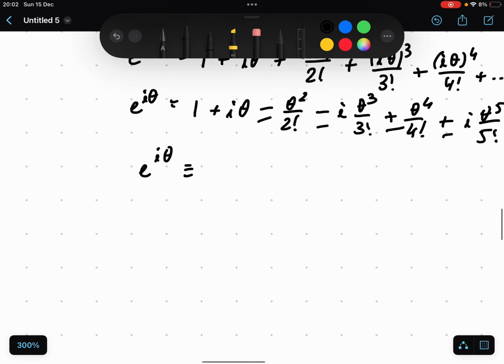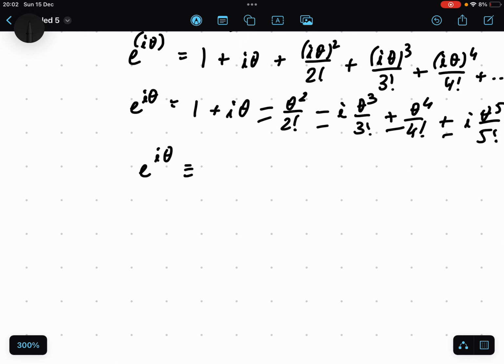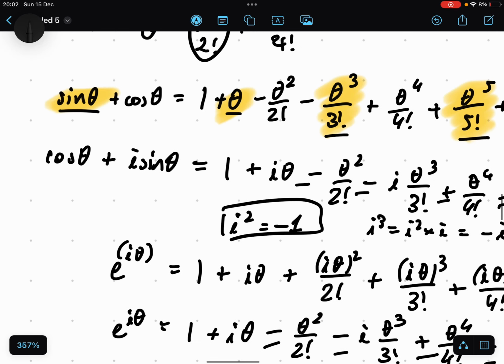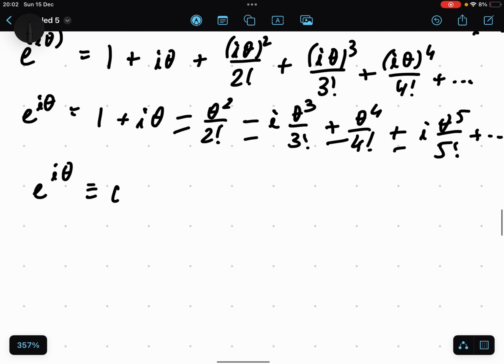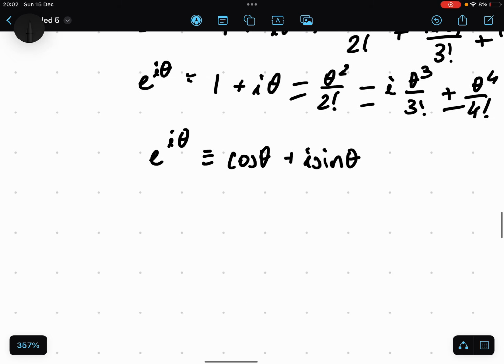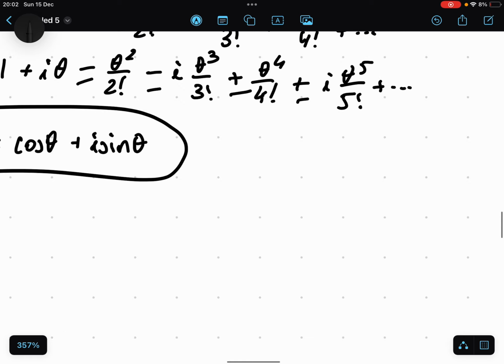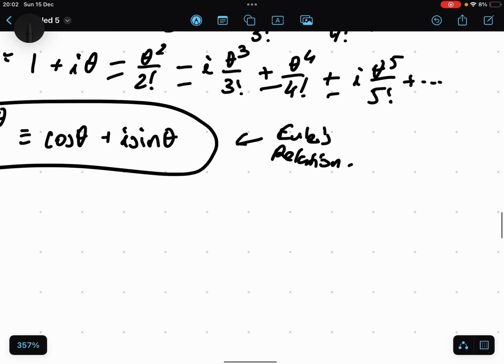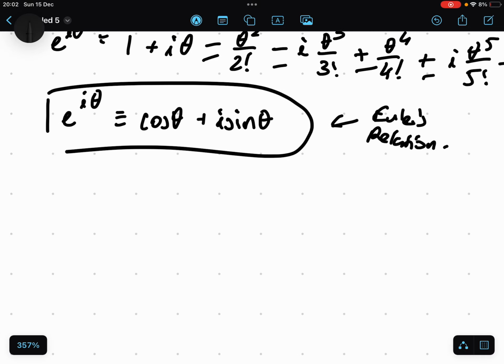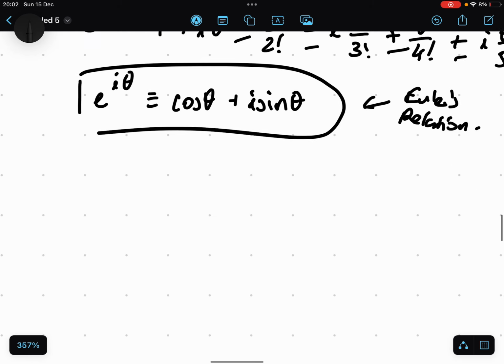Theta can be any real value, and it should be identical to this little formula over here, cosine of theta plus i sine of theta. Now, this is known in the business as Euler's relation. It's pretty cool, right?